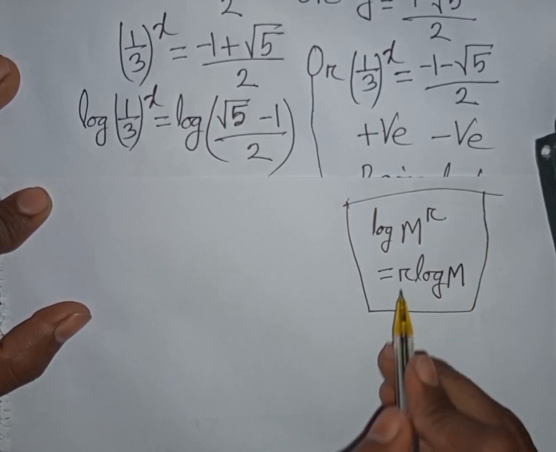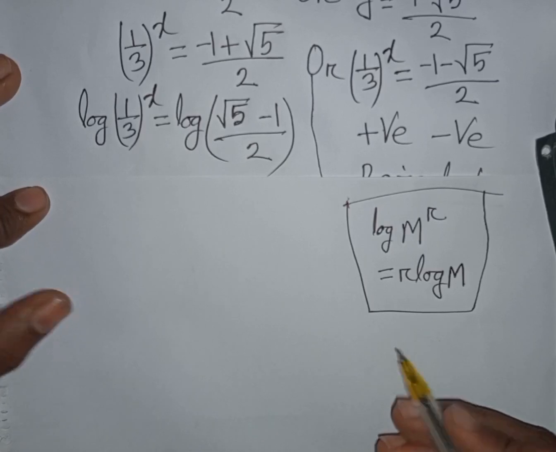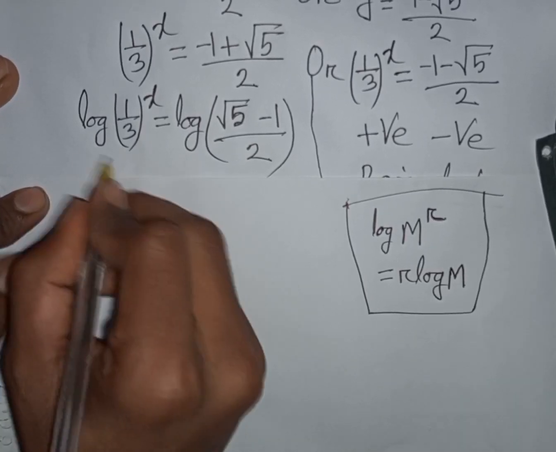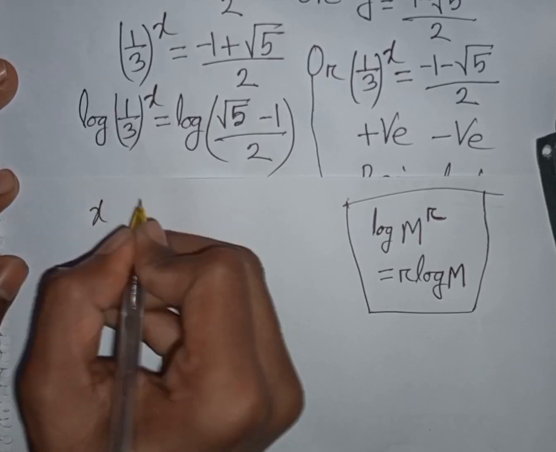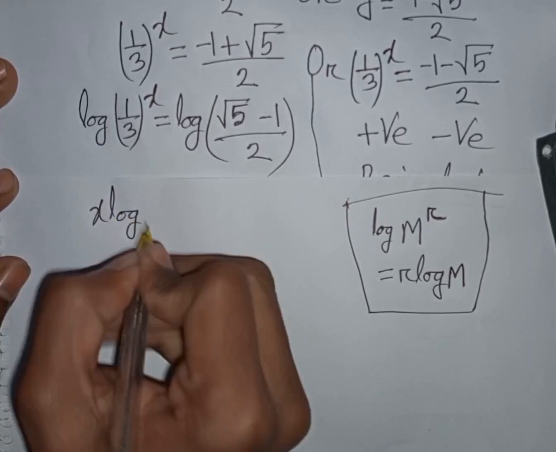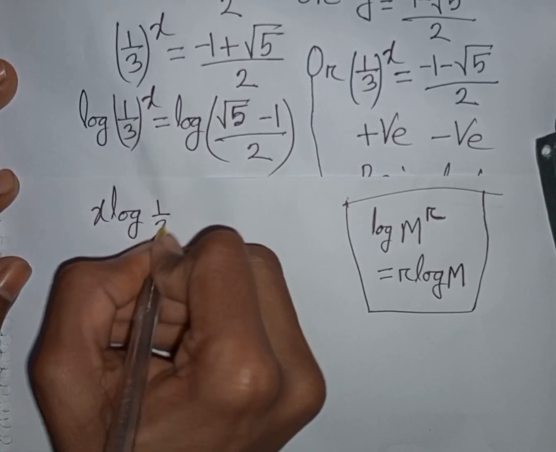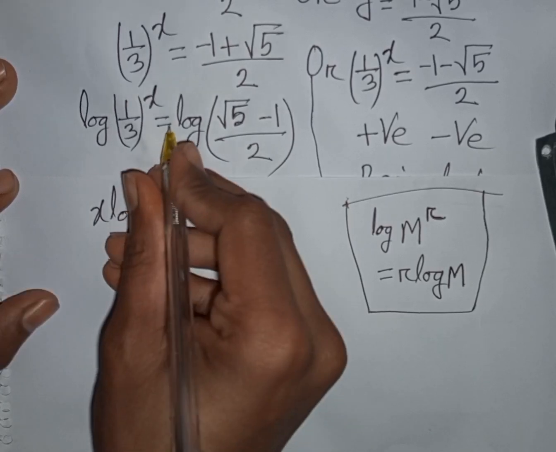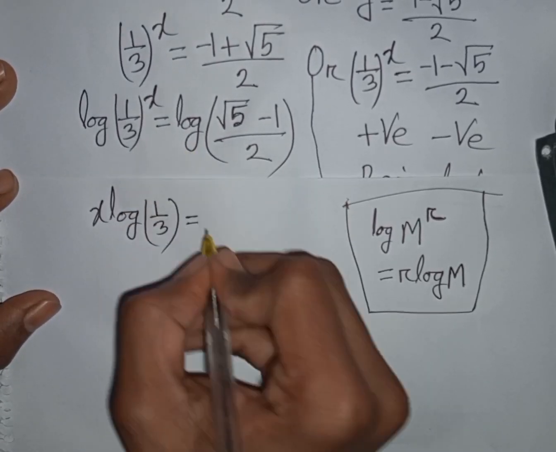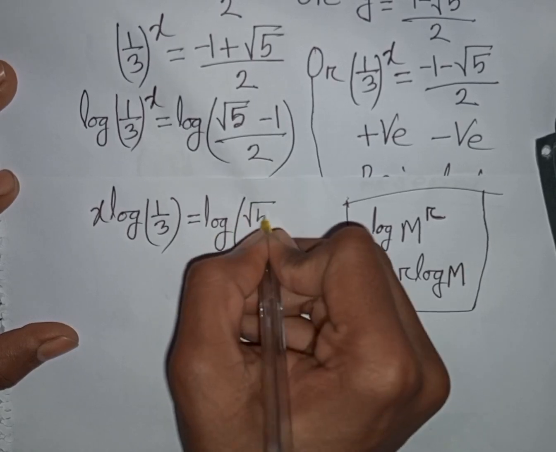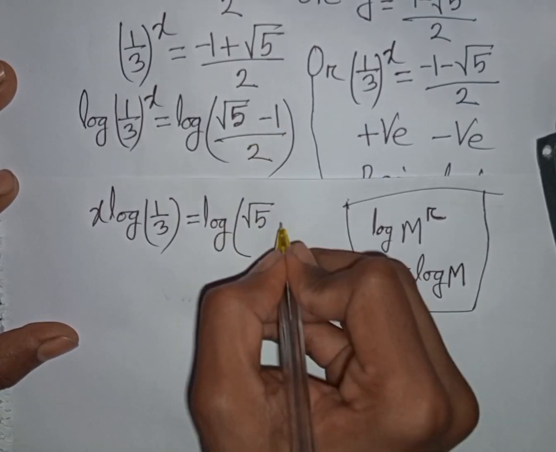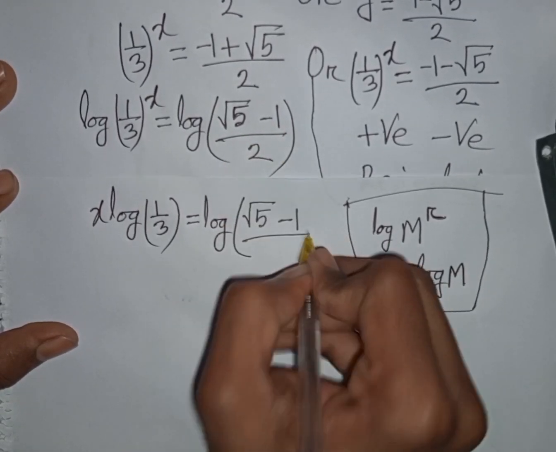That means this power r moves to the front. So this power x will move to the front. So you can write here x log 1 by 3 is equal to log of square root of 5 minus 1 divided by 2.